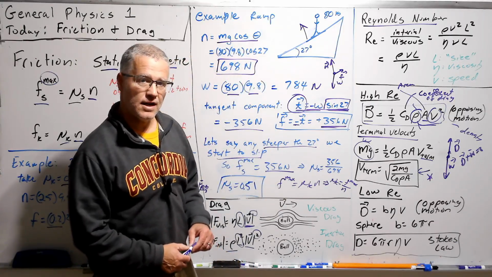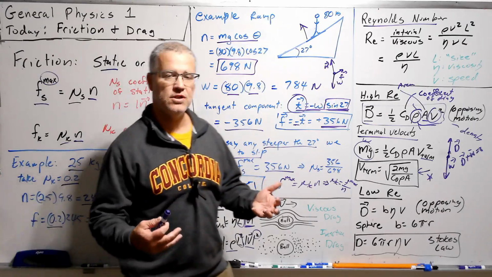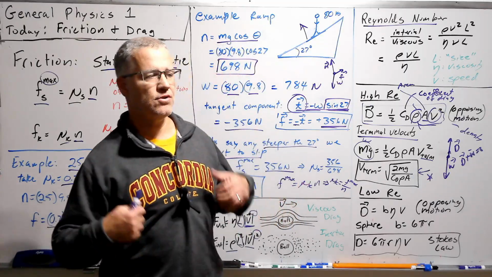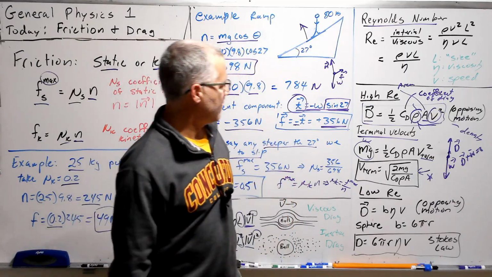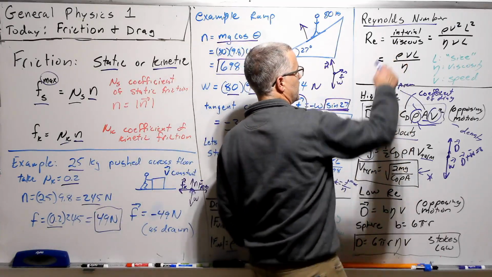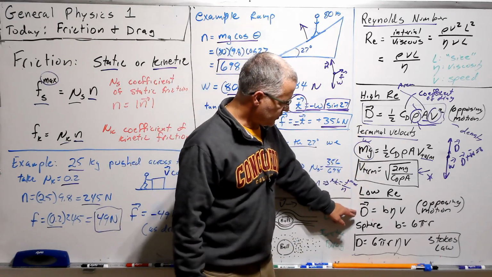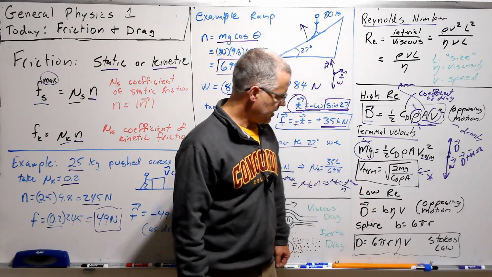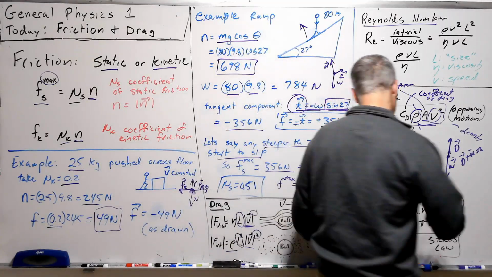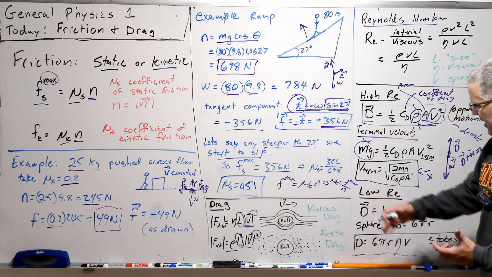All right, so that's where the inertial is dominating, like objects moving through air. Objects moving through water, for example, that's where viscous is dominating, and in the limit of low Reynolds number, the drag is given by just a constant that represents the shape. It's related to L, but a little bit different.